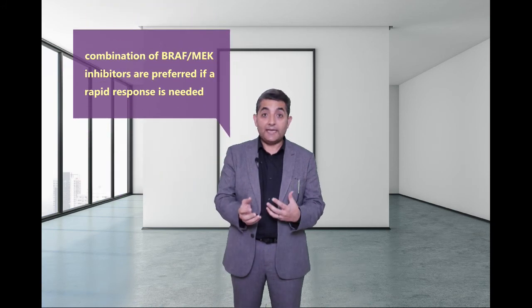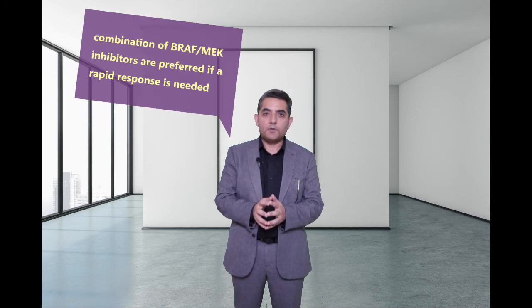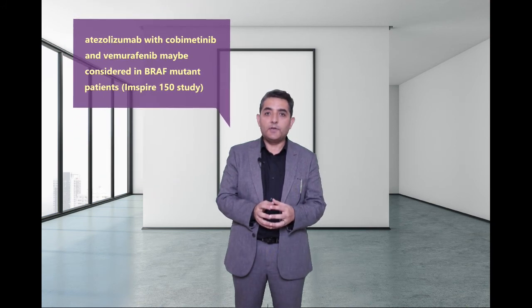The combination of BRAF and MEK inhibitors is preferred in patients who need a rapid early response. For those who do not have a contraindication to immunotherapy and carry a BRAF mutation, they can now be offered triplet therapy with atezolizumab in combination with cobimetinib and vemurafenib.